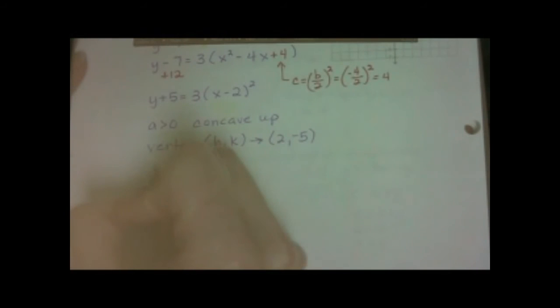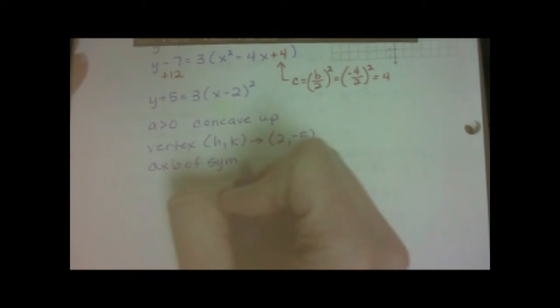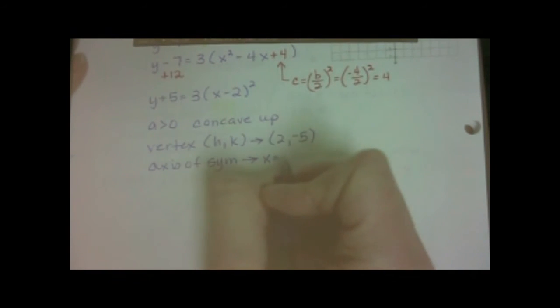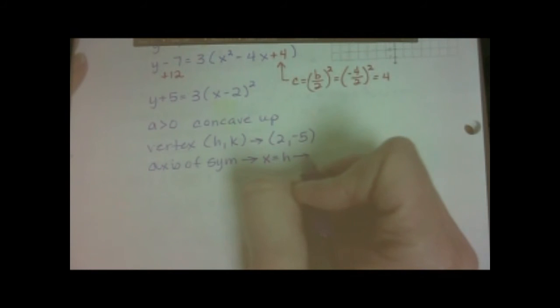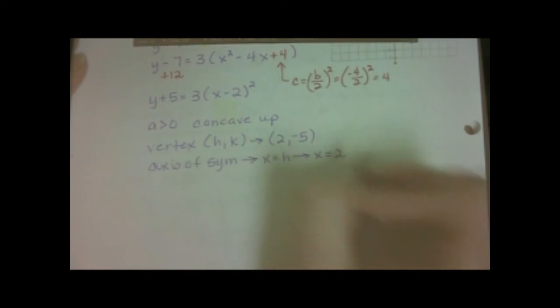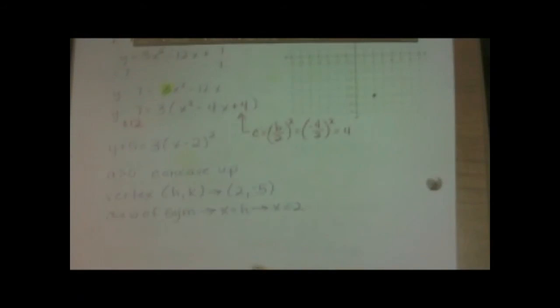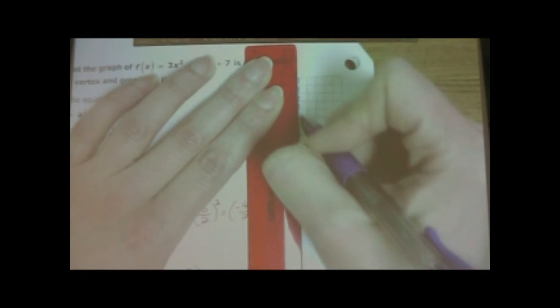My axis of symmetry is x equals h, which in this case is x equals 2. So let's go ahead and graph that axis. And let's label it.